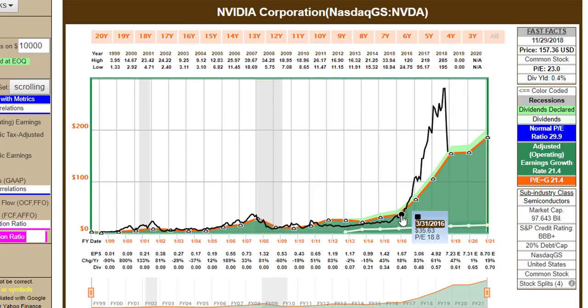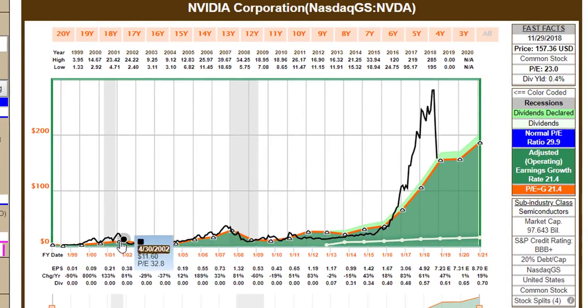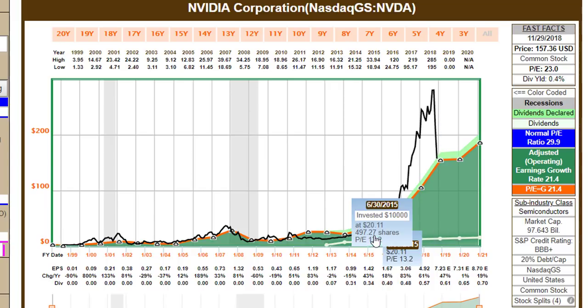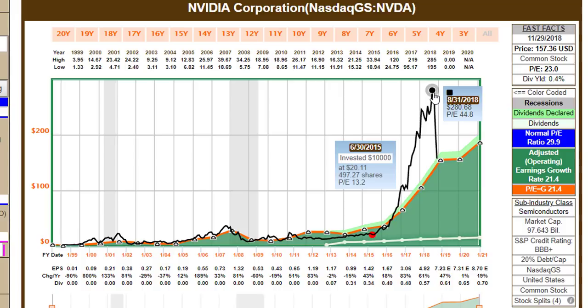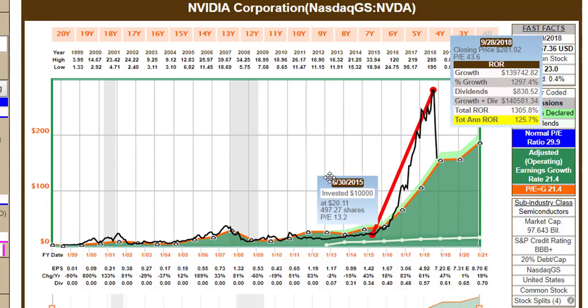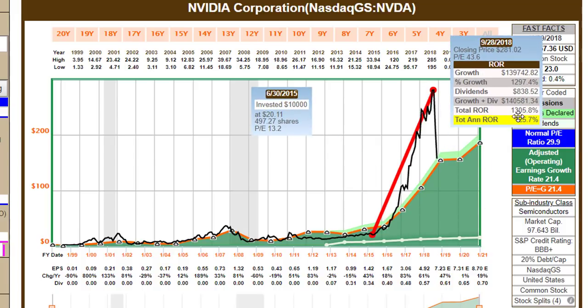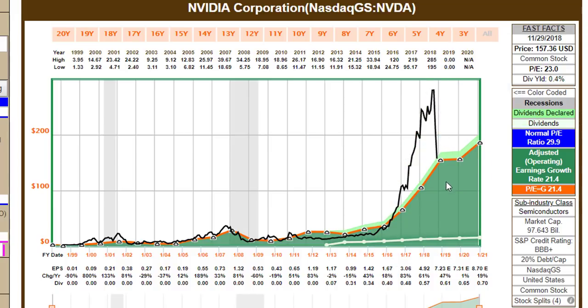Now, looking at this historically, Nvidia's stock price made total sense all during this period of time. There were peaks and valleys of earnings growth, spurts of growth followed by falling earnings growth, and the company's stock price clearly tracked that and reacted to that. But then this huge surge in stock price occurred from, I'm going to pick the period June of 2015 to ultimately peaking in September of 2018, we had this 14-fold increase in value, 126% annualized rate of return, until we've now had this recent precipitous drop in price on Nvidia.